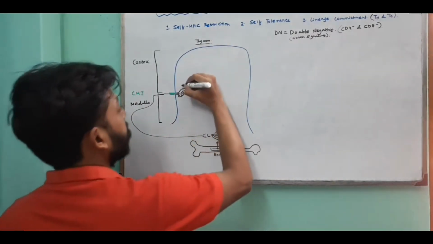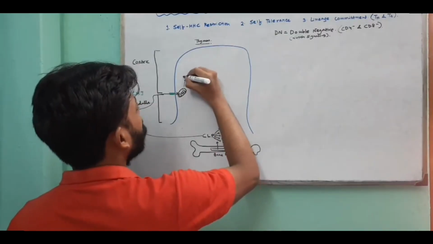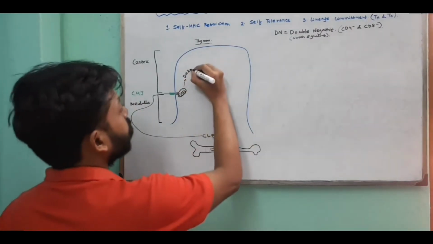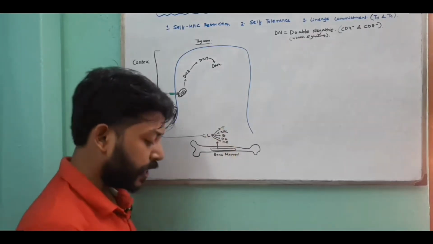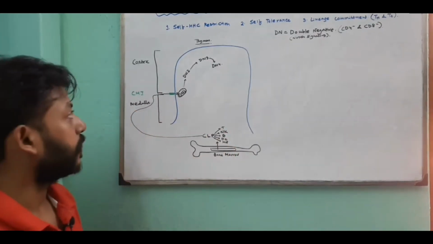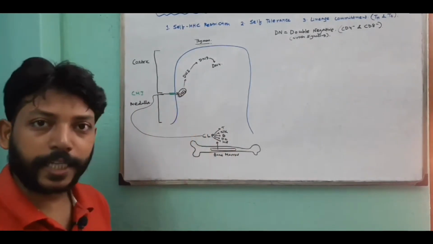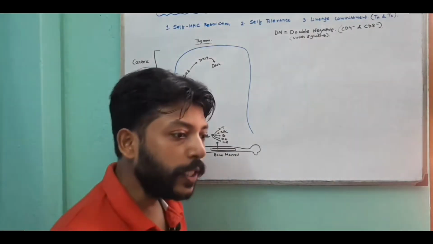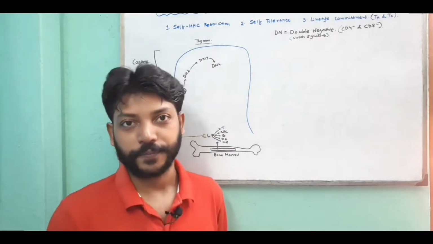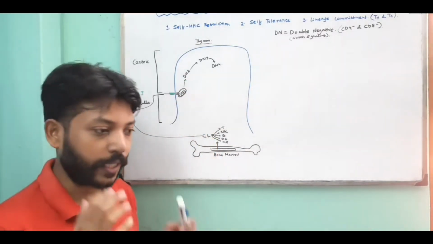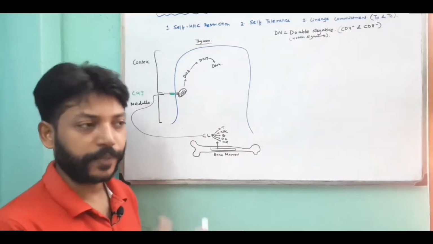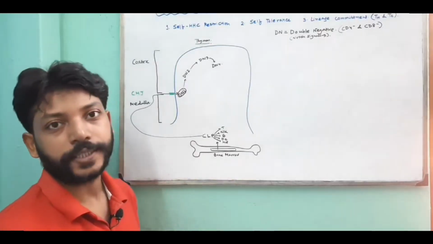Now the DN1 cell becomes DN2 cell, and subsequently the DN2 cell becomes DN3 and the DN3 becomes DN4. But there are some major changes during these transitions, like in the late DN2 stage the cell becomes fully committed towards the T cell lineage. I am repeating again, in the late DN2 stage the cell becomes fully committed towards the T cell lineage.